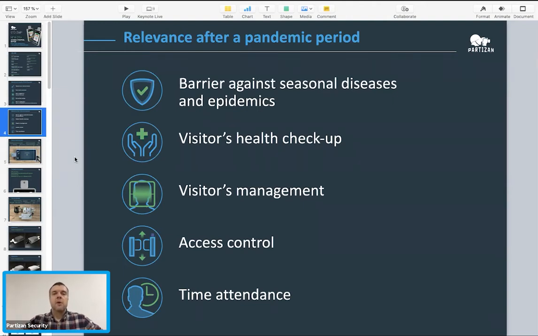If you have a classic access control, this will bring you additional power to check the people and their health statements and everything like that. It brings you additional features and additional knowledge about your visitors, either your customers or your workers. So this is quite useful at this moment for sure.